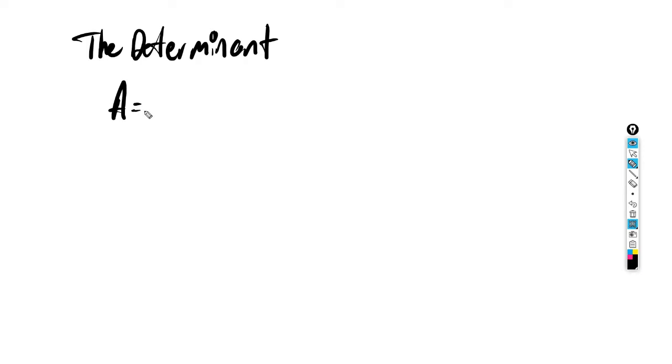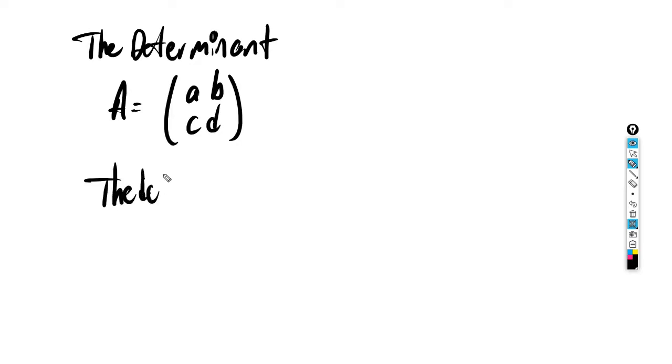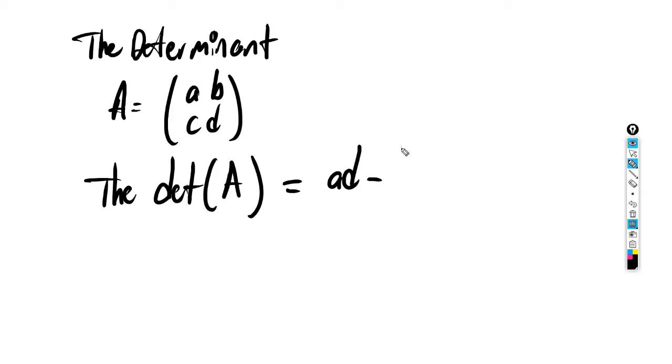For the determinant, let's call the matrix A, with entries A, B, C, D. The determinant, DET for short, of A is equal to AD minus BC.